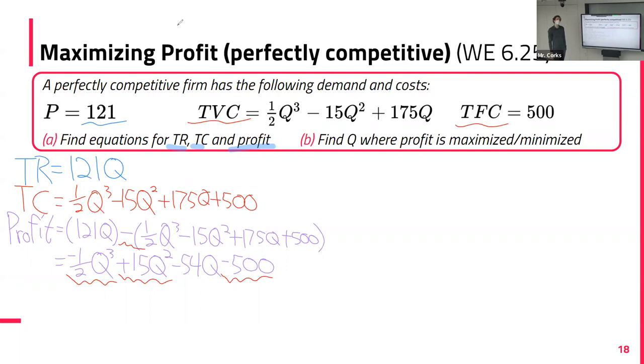We want to find the Q value that will maximize our profit. First derivative. It's the same as before. Maximums and minimums are just turning points. Those come from our first derivative. So the first derivative of profit.